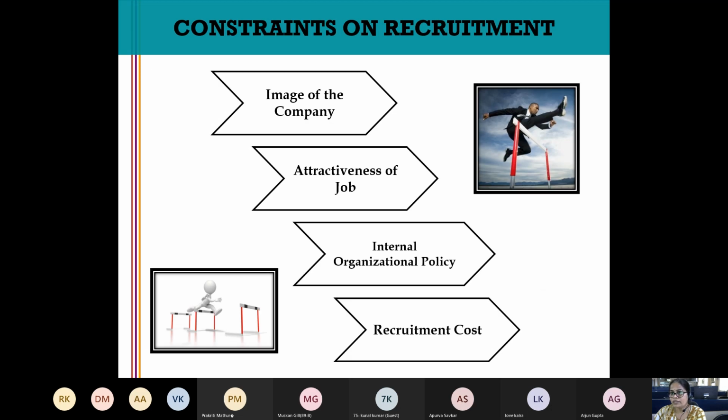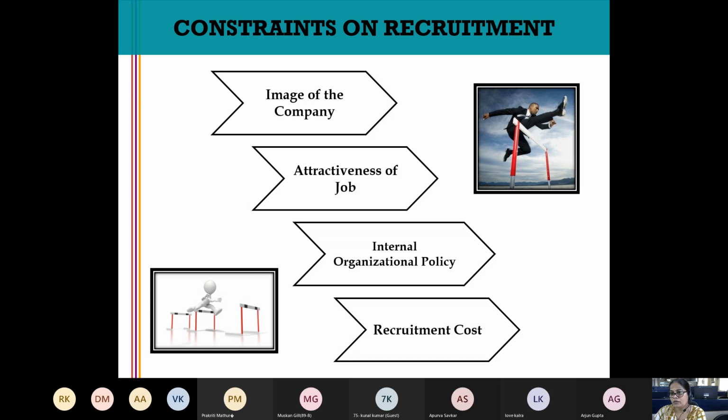So what are the constraints? Basically, why don't people join your organization? What type of company you have, or how your image is in general public, how attractive your job is in terms of payment and the experience you are going to provide.